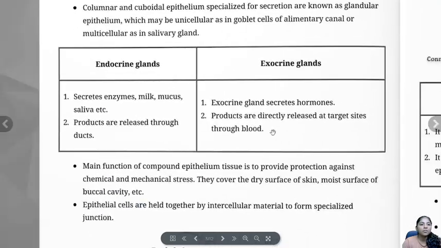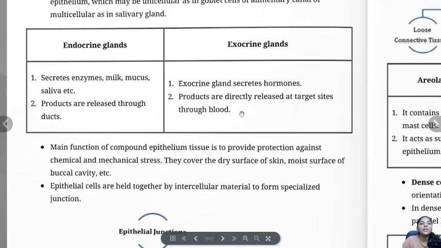Here we have two types of glands, that is endocrine glands and exocrine glands. The exocrine glands secrete enzymes, milk, mucus and saliva, and the products are released through the ducts. The endocrine glands release hormones, and the products are directly released at the target sites into the blood.